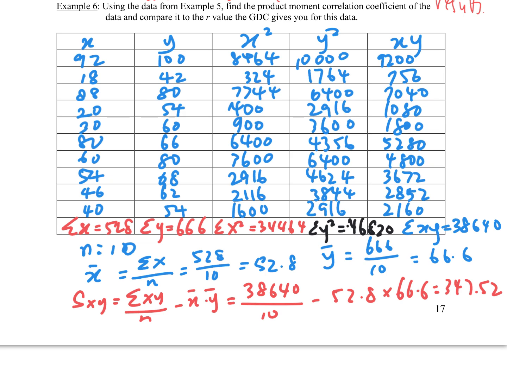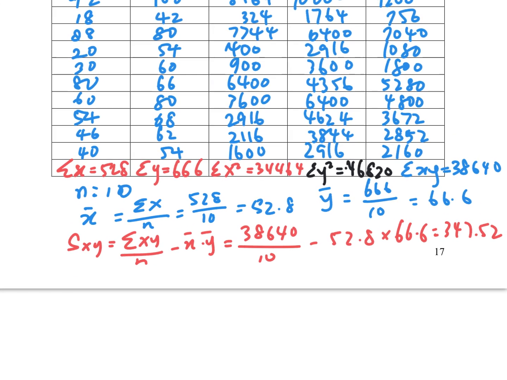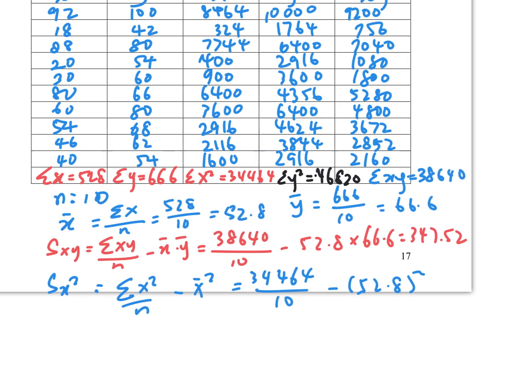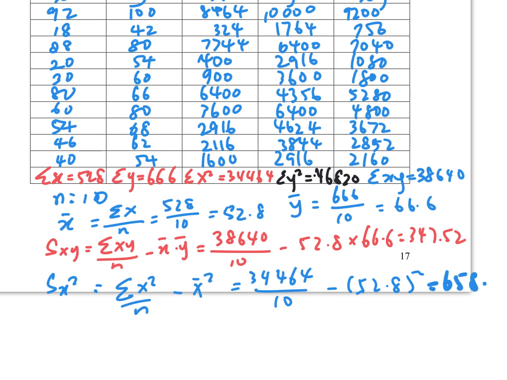The next one is Sx squared. I take the sum of x squared divided by n minus the mean of x squared, so it will be 34,464 divided by 10 minus 52.8 squared. I end up with 658.56.